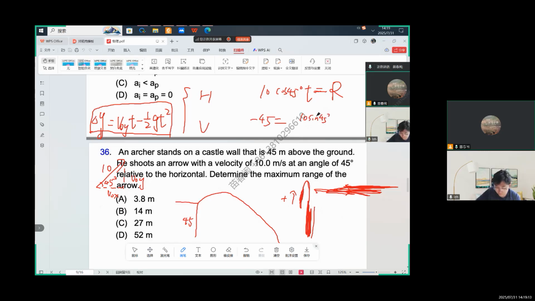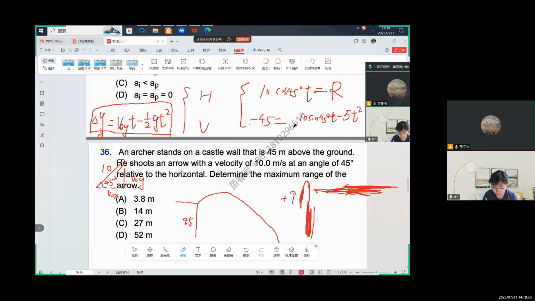We're going to use it later, so I might write this one completely. And time t, we don't know, right? And minus 1 over 2 g, which is 5, right? 5t squared. And so we have this system of equations.